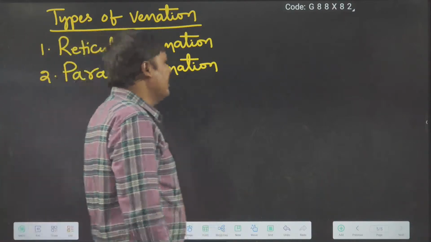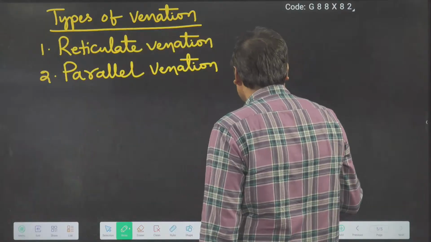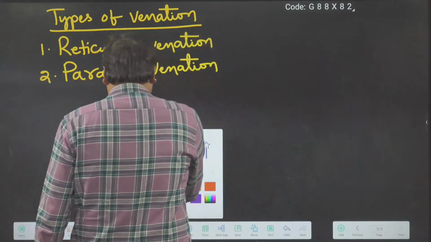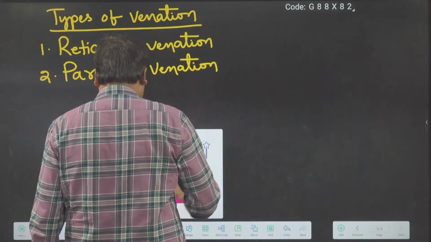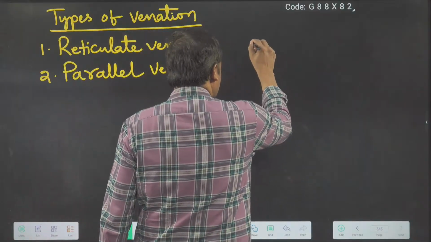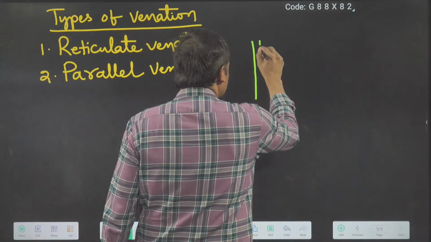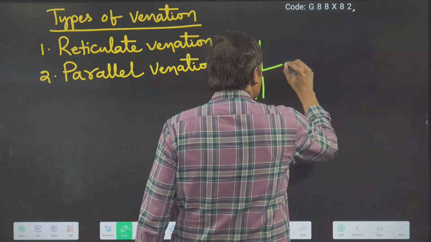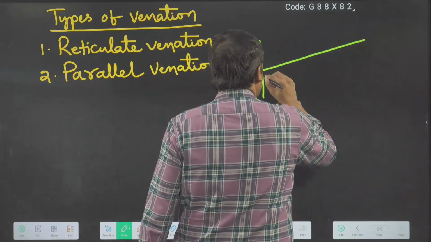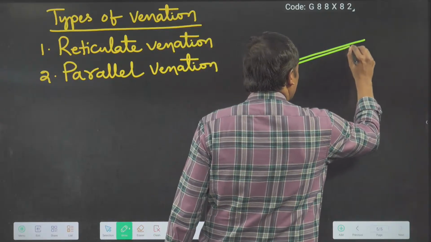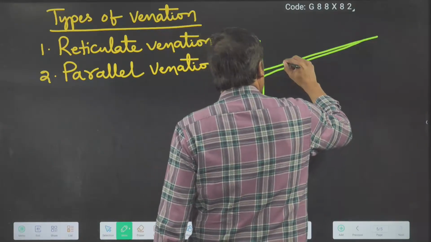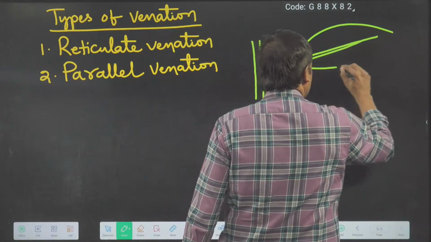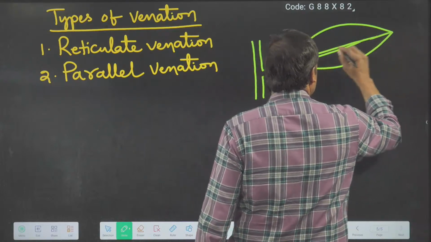What is reticulate venation? In this type of venation, there is a midvein. Midvein gives rise to lateral veins and veinlets. The veinlets are arranged in the form of network.